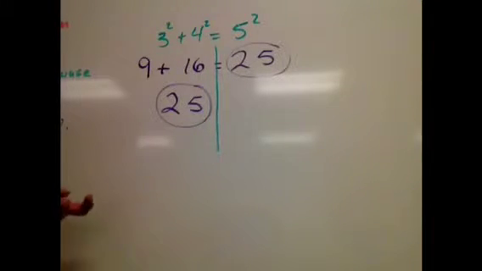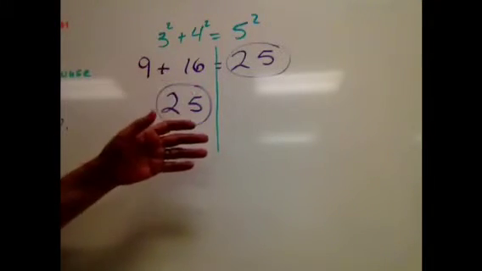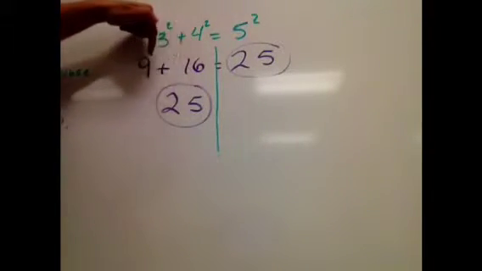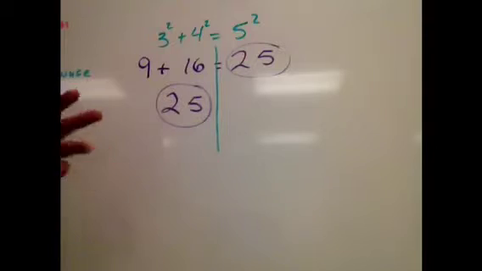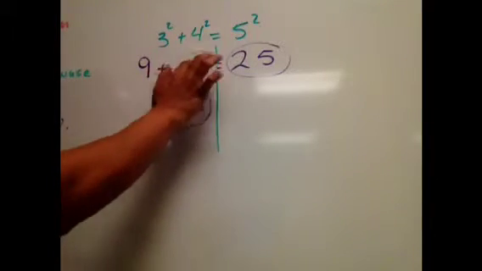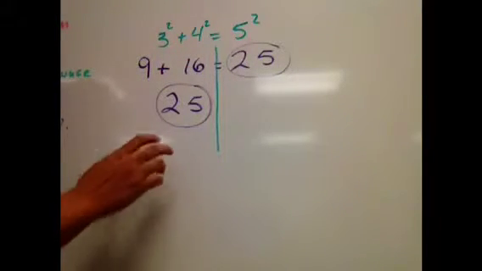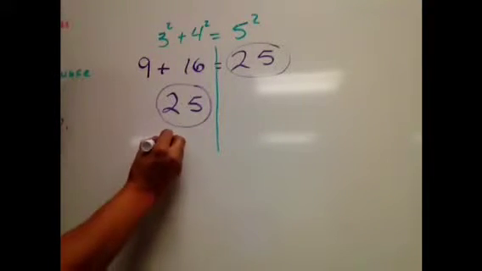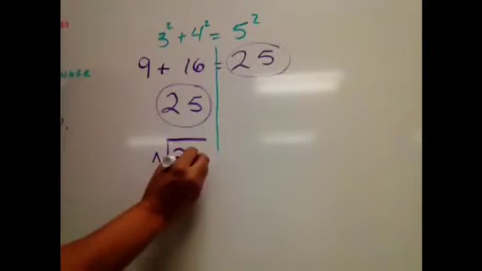So we're going to use that to find what if we have a missing side. What if we didn't know this? We could have added these together, gotten 25. Now, what we're going to do is, these are the squares. We would be adding these, but we would have had to do this. We would have had to find the square root of 25.